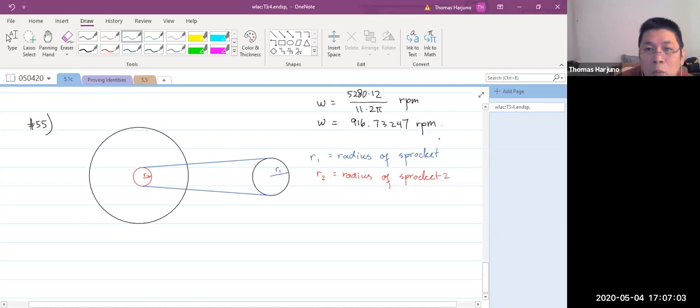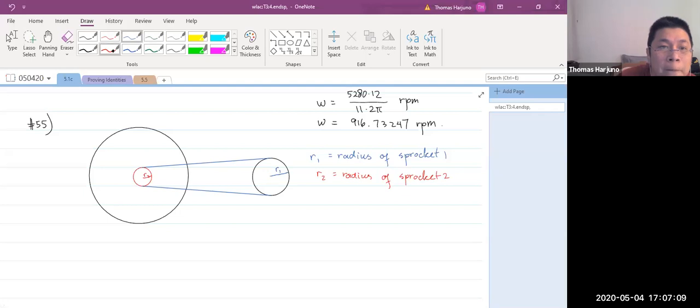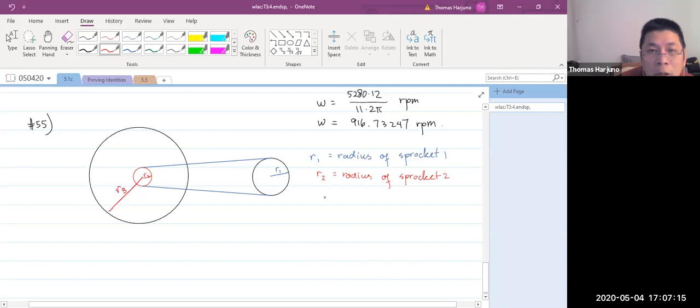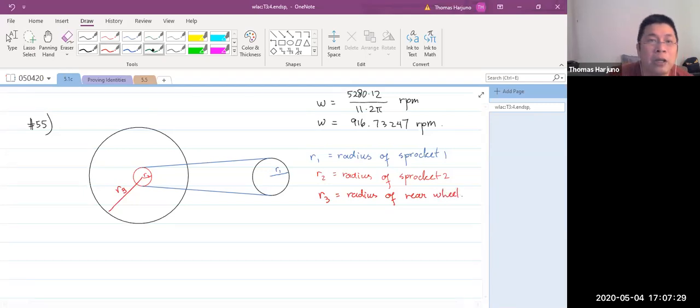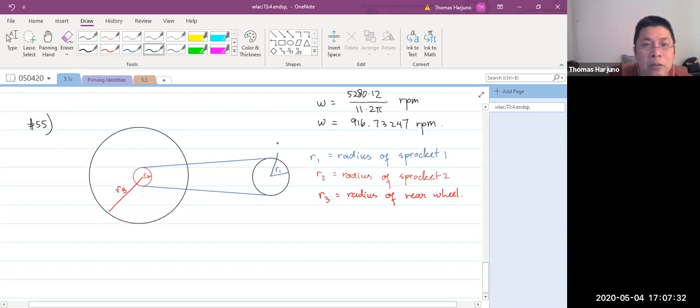And then we have the radius of the wheel. This is R3, the radius of the rear wheel. And we do pedaling here, right? The pedal, let's say, is here. And the blue part here is the chain ring.